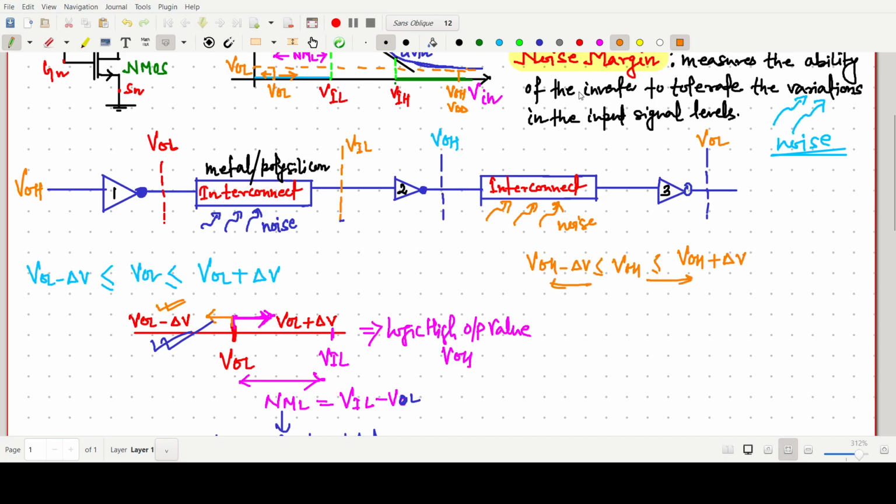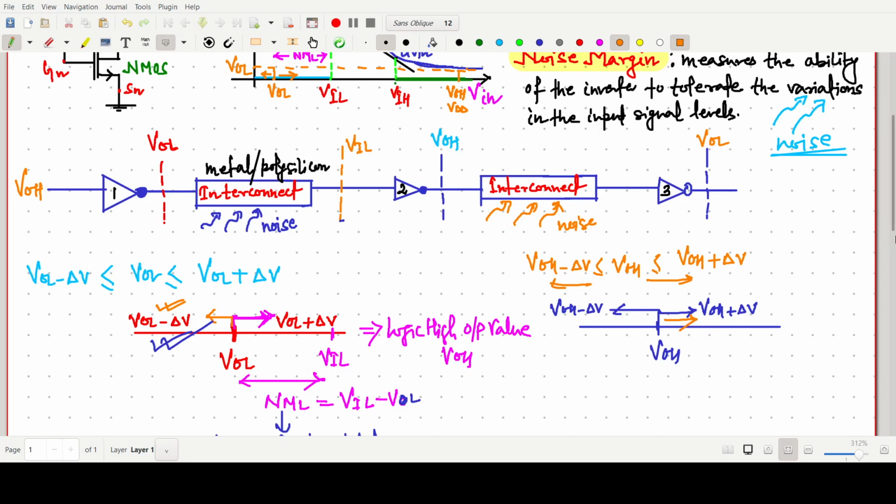Just taking it on the number line, if we go towards this side, it is VOH plus del V, and on the other side it is VOH minus del V. So if we go towards the right hand side.